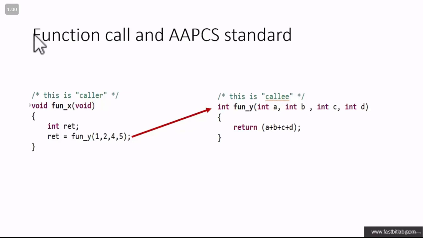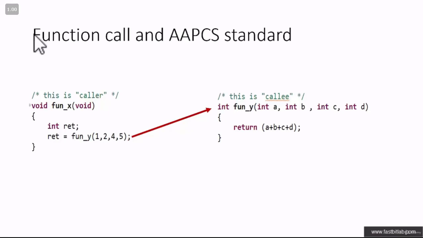Let's consider two functions here, function X and function Y. Function X is calling function Y. In this case, function X is called the caller and function Y is called the callee.